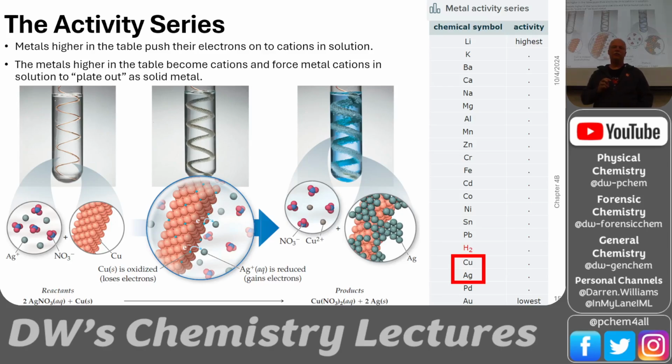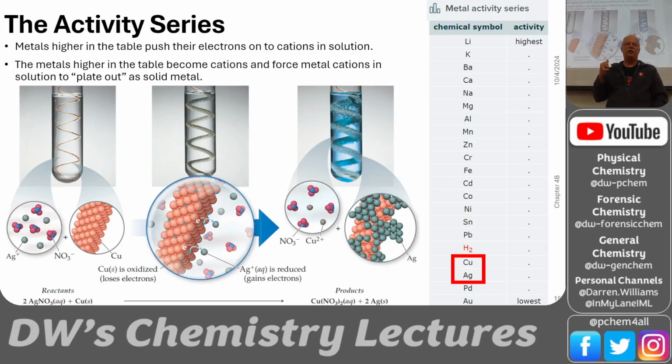So this will allow us to determine if a metal and a cation in solution will change places, like the single replacement reaction we just did. We had a metal and a cation in solution, and they spontaneously switch places. The solution cation becomes a metal solid, and the metal solid becomes a cation in solution.